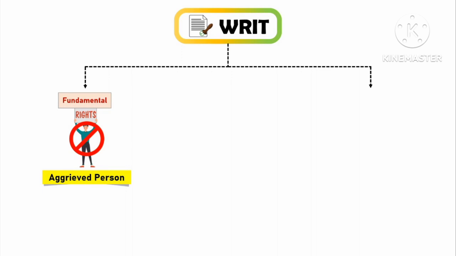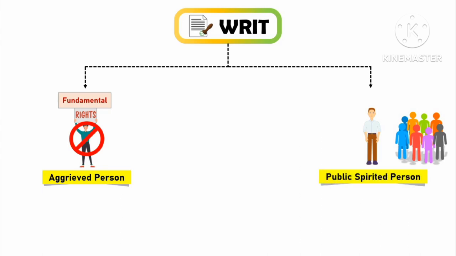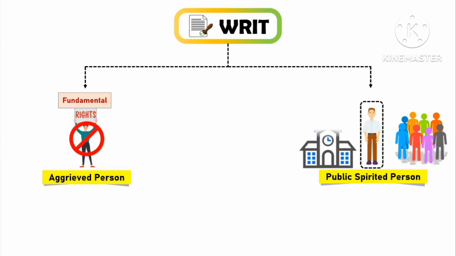And another person, whose own fundamental right has not been violated, can file a writ petition for the interest of the general public, like for any group of people that is at a disadvantage. Such a person is called a public spirited person. This person can be any individual or any organization or NGO, etc.